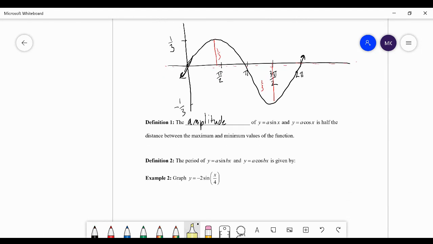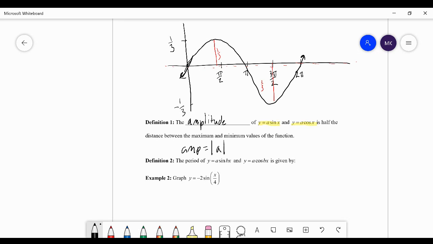So given our equations being either of these two forms, we get that the amplitude is equal to the absolute value of A. What this means is if our graph is, say, such as this example 2 here, -2 sine, our amplitude is still just 2.